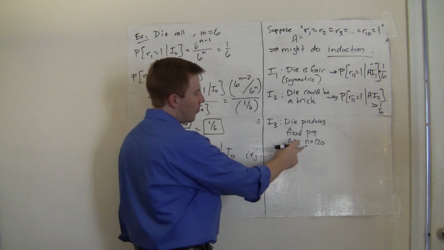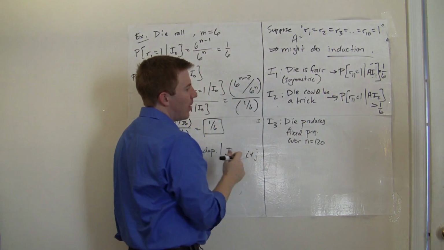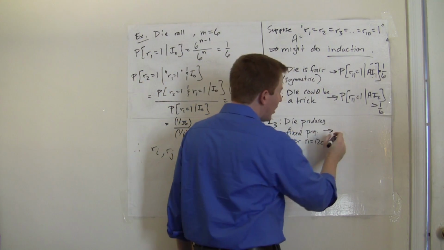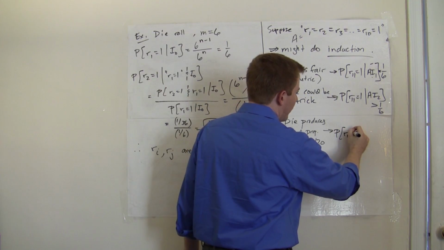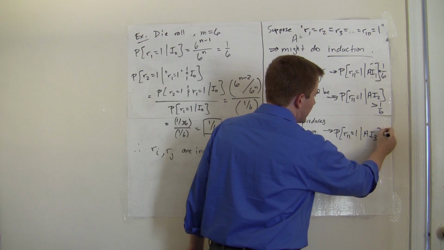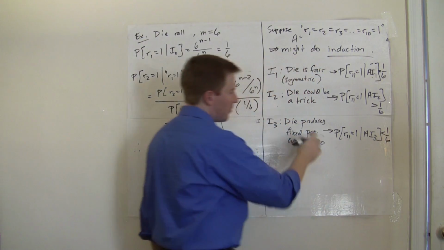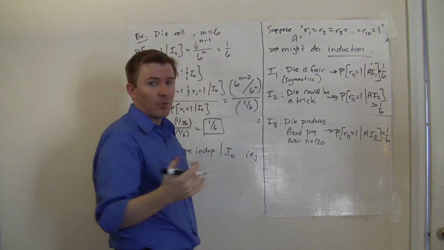Well, actually now, seeing that we got 10 of the 20 possible ones in the first 10 might lead us to conclude that this probability is now less than a sixth. Okay, because we've used up some of those in the first 10 rolls, and there are fewer ones now remaining.